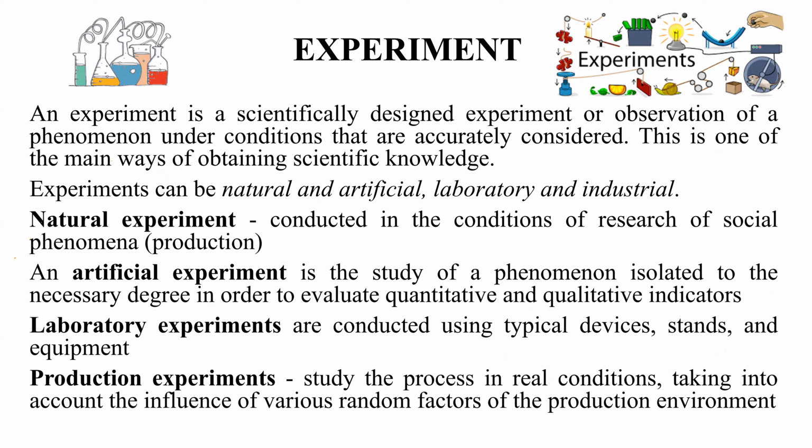The next method is experiment. It's easier to understand by example: it's something we can touch in a laboratory. It's one type of experiment. Experiments are divided into natural, artificial, laboratory, and industrial.